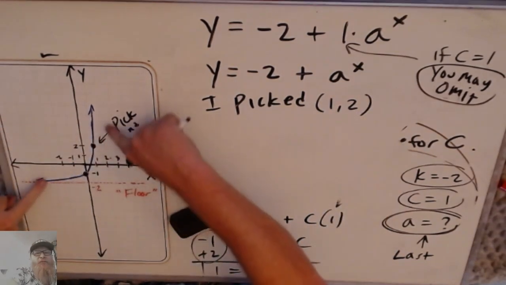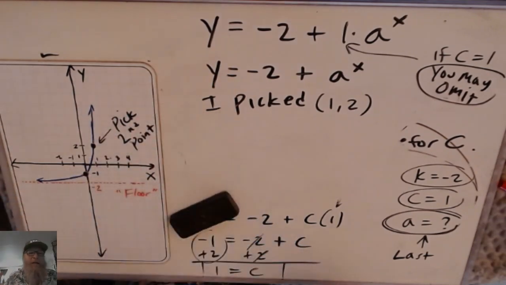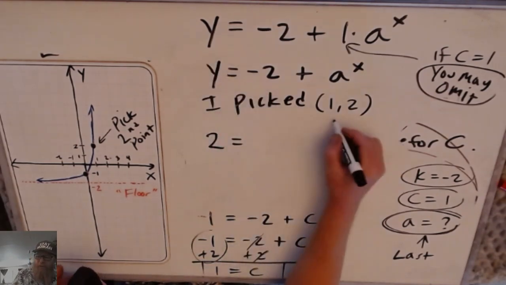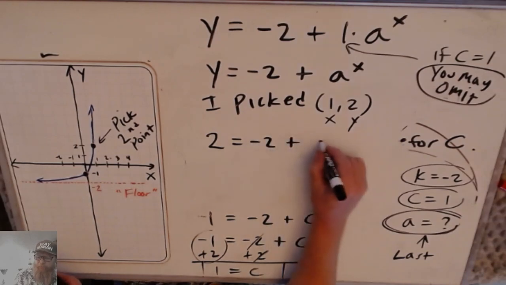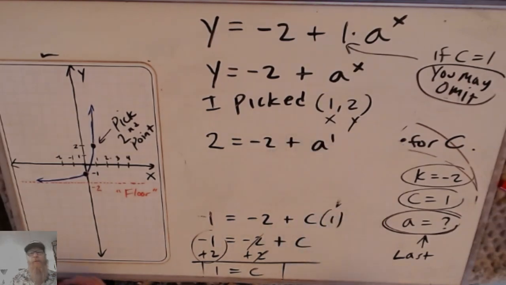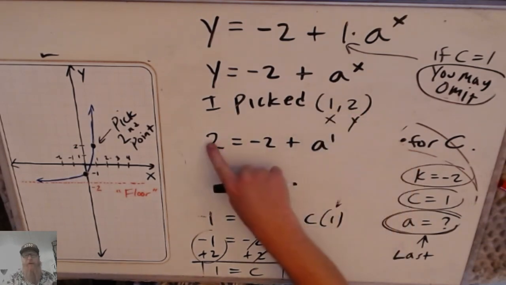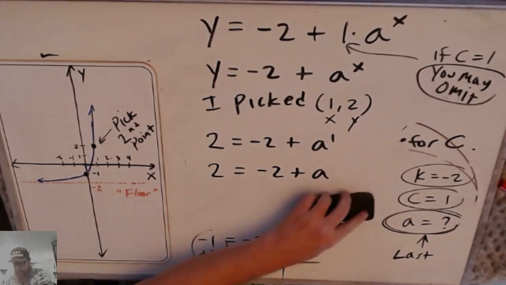You have lots of choices. Any point on the graph you can pick. You can't use the same point twice. So plug in x equals 1 and y equals 2. So notice x is now 1, y is now 2, and you can solve this equation for A.